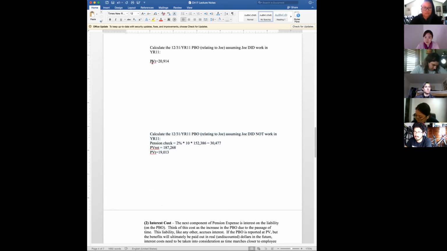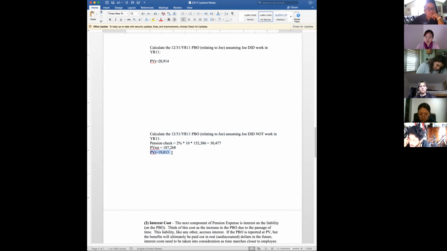The difference between these two numbers, the present value at time t equals the company's total obligation for Joe, right? And so that's basically the PBO as of December 31, year 11, assuming Joe worked in year 11, versus assuming Joe did not work in year 11.